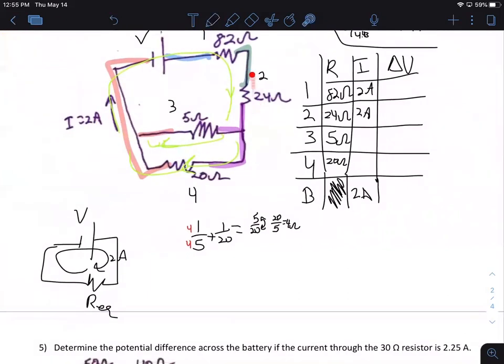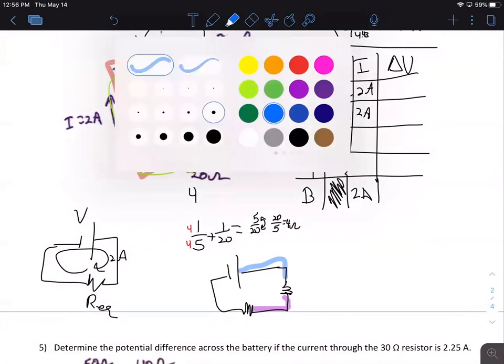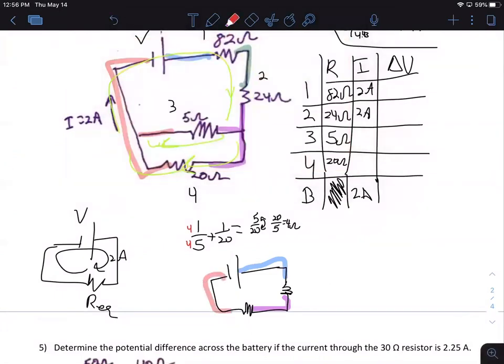And then these two, 82 plus 24 is 106. So my new circuit looks like this, where I have 106 and 4.